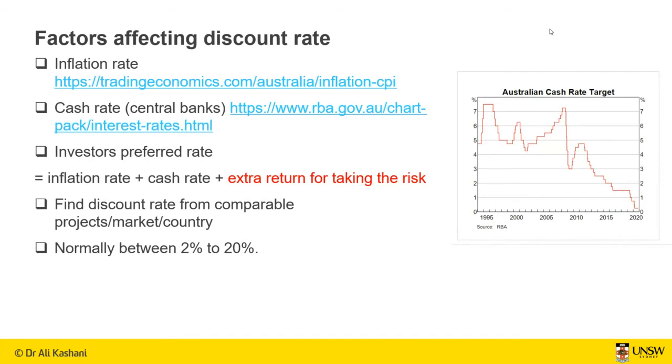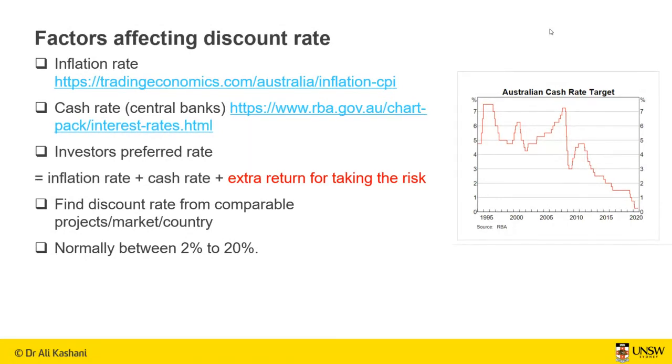The central bank sets the cash rate, and this cash rate is the interest that the central bank gets from other institutional banks in order to lend them money, and those banks are going to lend money to you, putting some interest on top of the cash rate, and you pay that loan back with that interest rate.